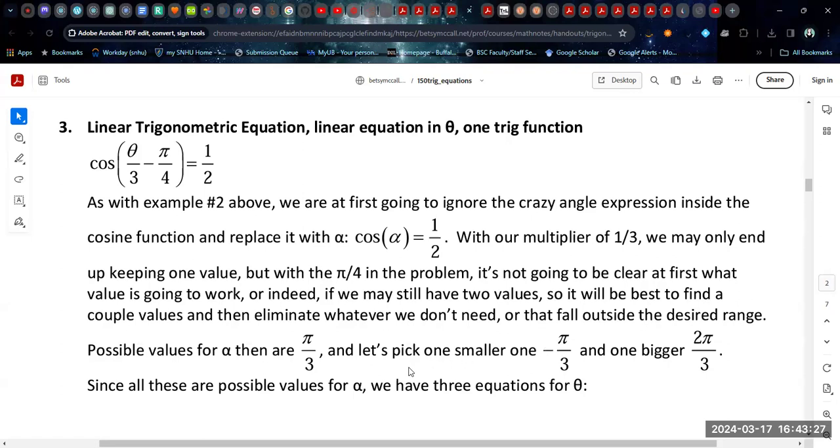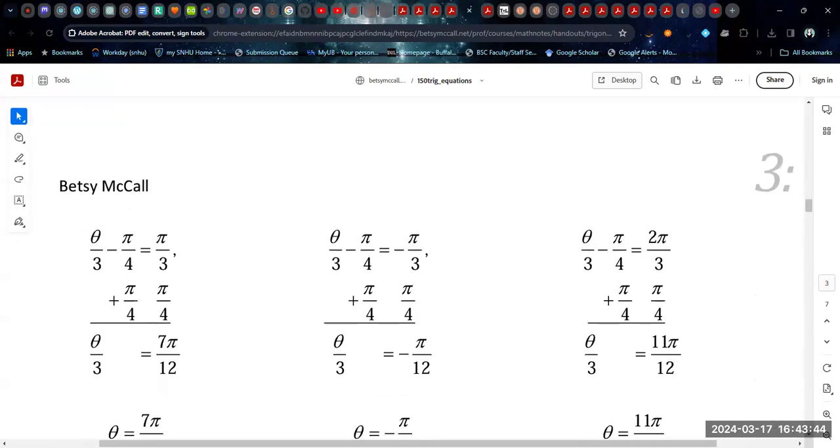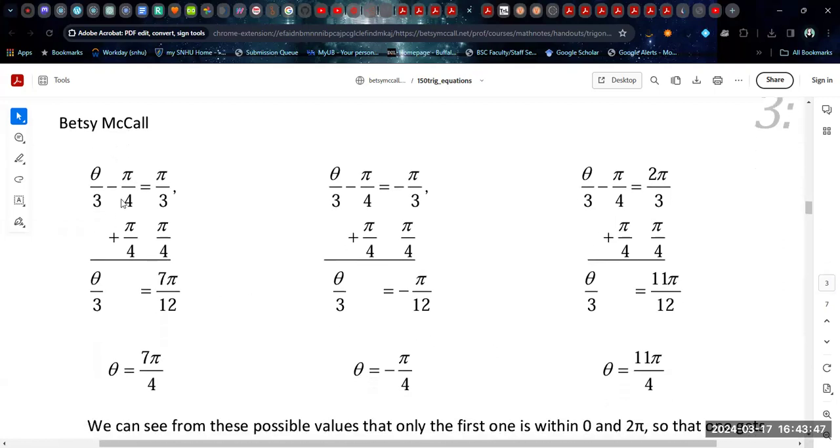Now, once I have my list of possible alpha values, then I replace alpha equal to those solutions with this crazy expression in terms of theta, and then I do algebra on each of those solutions. So I'm looking at pi over 3.